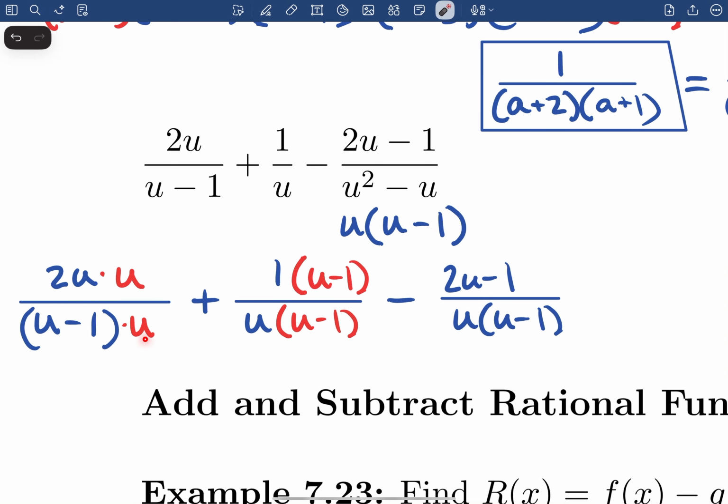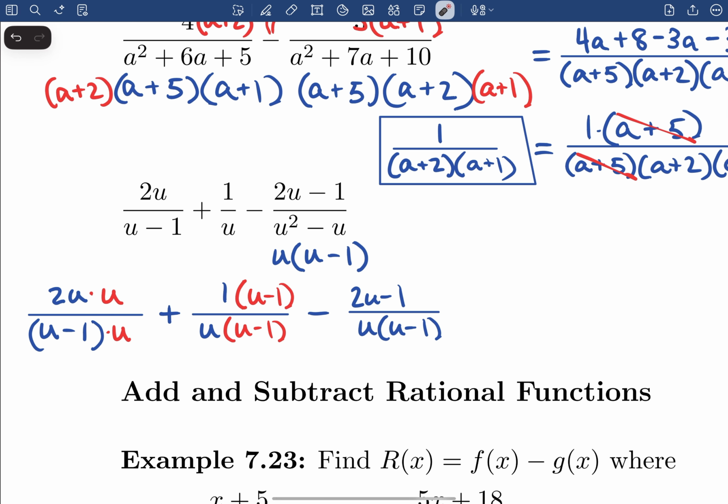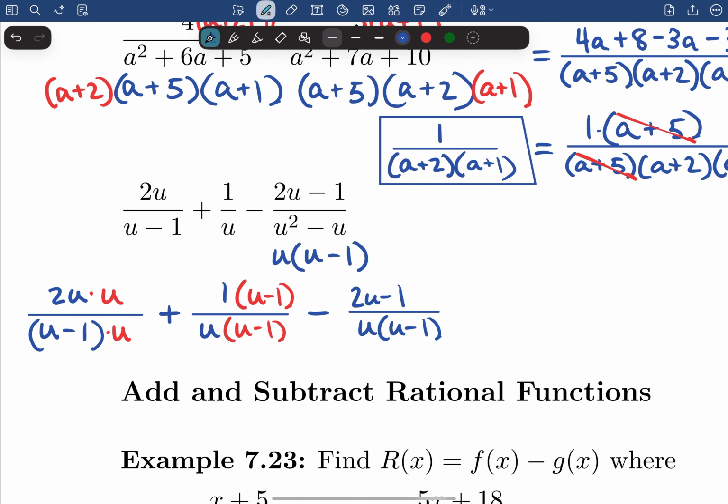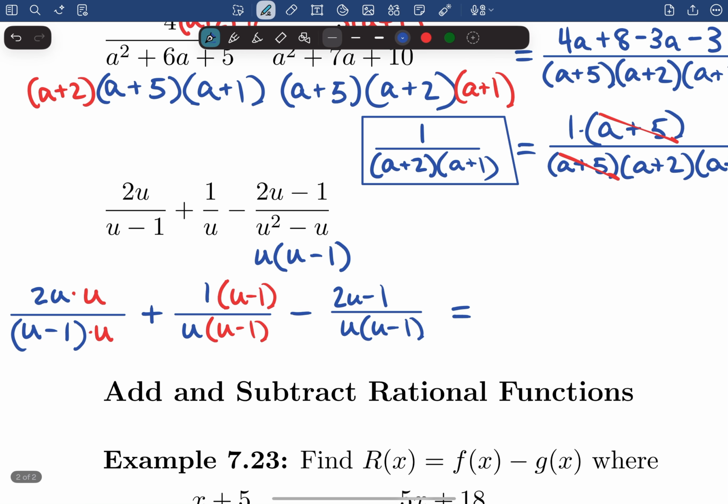These ones also have a u and a u minus 1, u and u minus 1. So I don't need to add anything else to this one. It's already got everything. Okay, and so now that I have got a common denominator, right? Same denominator here, here, and here, I can rewrite everything as a single fraction where I have u times u minus 1 on the bottom.